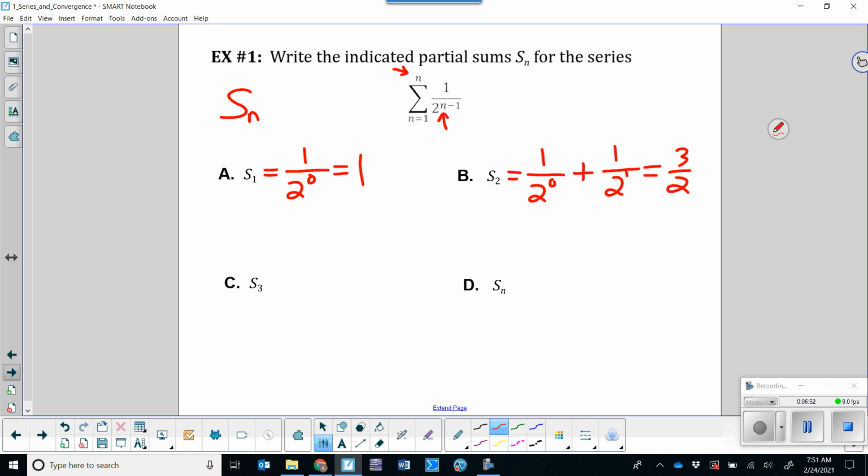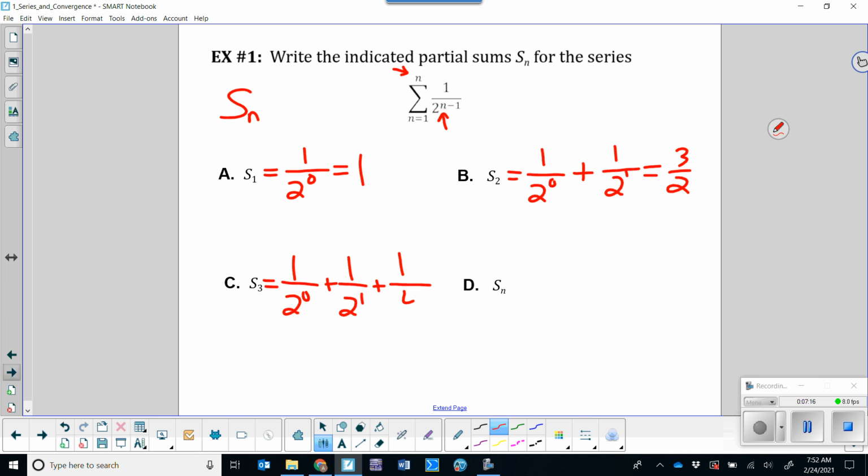Okay, but if I want to know the partial sum, then I could go ahead and add it to see what it is. S3 means add up the first 3 terms. Well, I already know the first 2 terms, right? Because I already did those. So now all I have to do is plug in 3. So if I plug in 3, I'll get 2 squared.